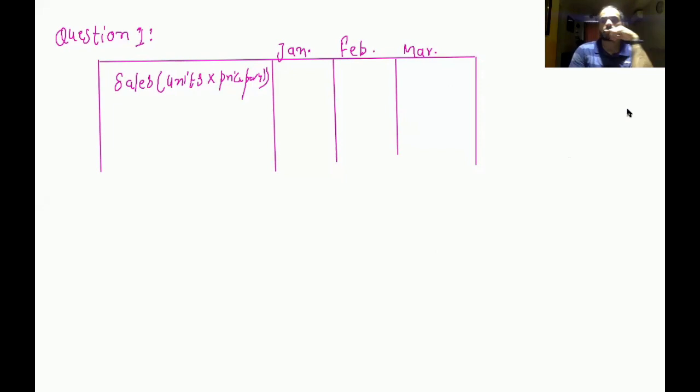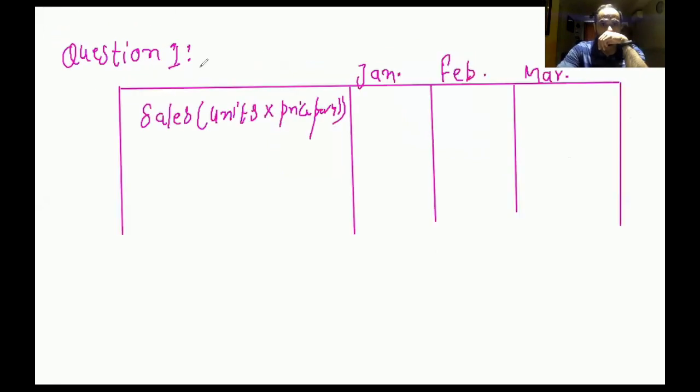Tell me, sales for January. 1,500. How did you get 1,500? $16,500.